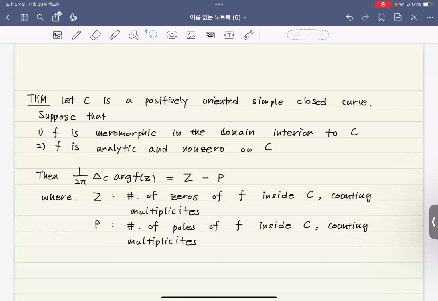This is a simple pole, and this is a pole of order, let's say, 5. Counting multiplicity, we consider this point as 3 zeros, this point has 1 zero, this point has 1 pole, and this point has 5 poles. This is what I mean by counting multiplicities. So the winding number of your function about curve C turns out to be nothing but the number of zeros minus the number of poles. Okay.